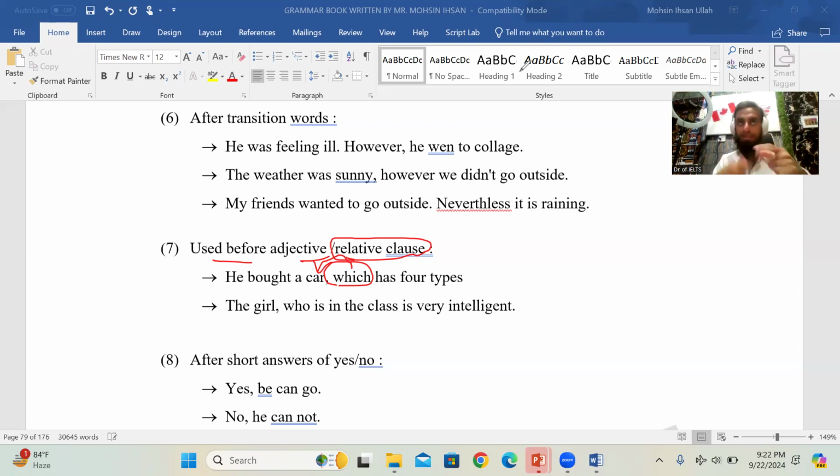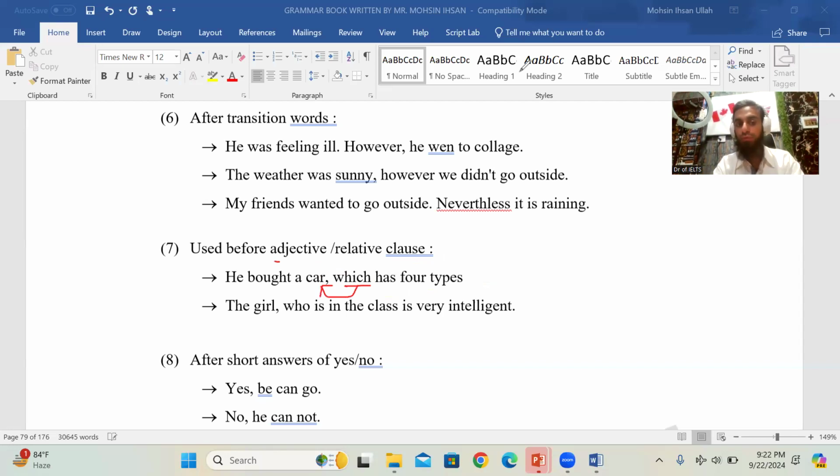When that shows a relation between noun and pronoun, a sentence that shows a relation between noun and pronoun, right? That is called an adjective clause. The second part is called an adjective clause, right? Because now it is a pronoun actually, but here it shows something about the noun.